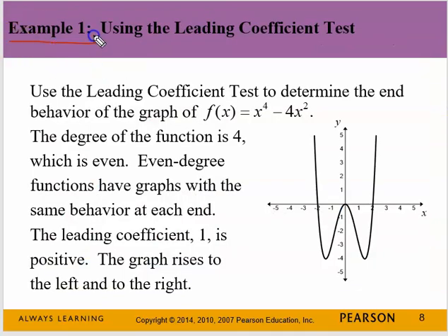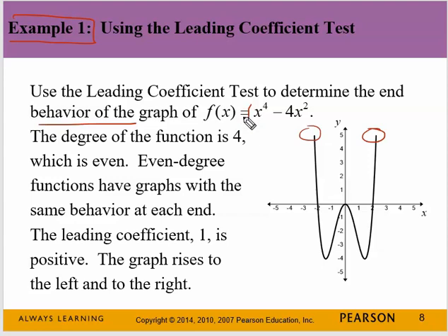Now, in example 1, we're going to use the leading coefficient test to determine the end behavior, which is what we see here. Well, what is our leading coefficient? The leading coefficient is 1.